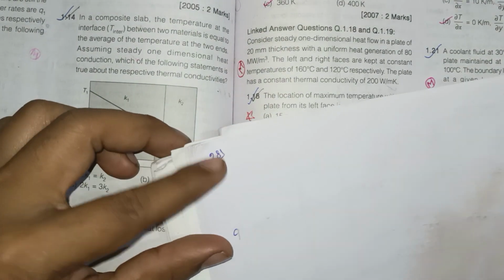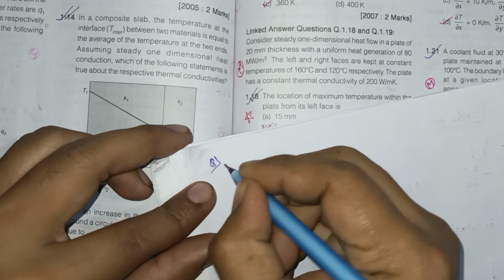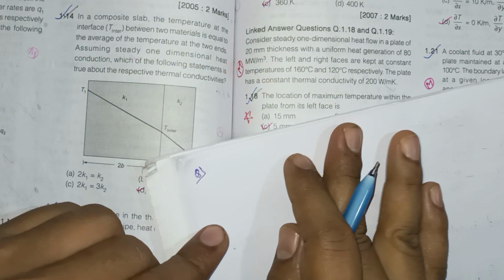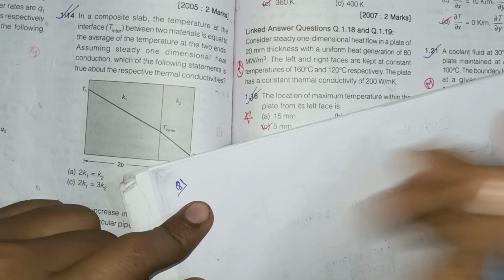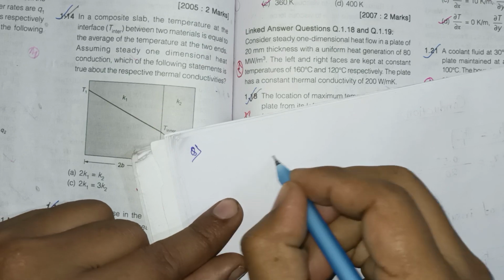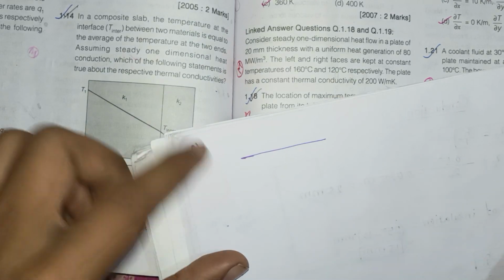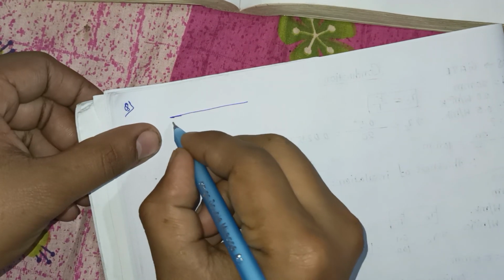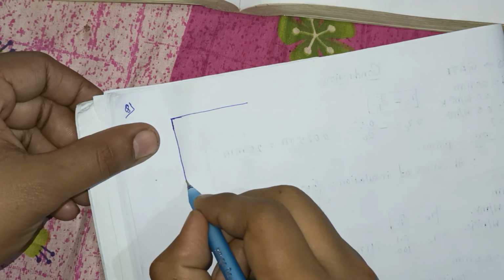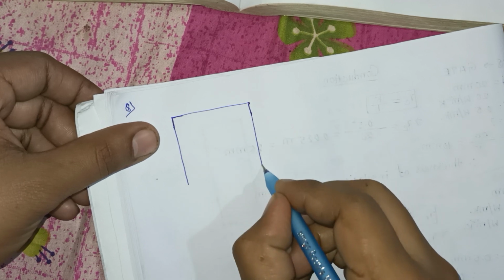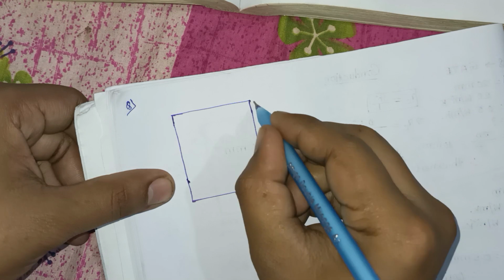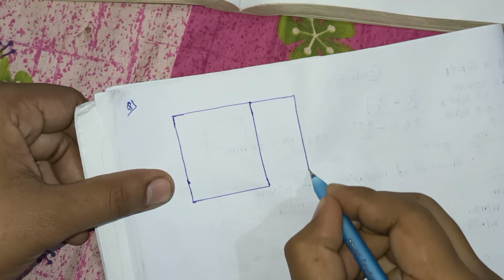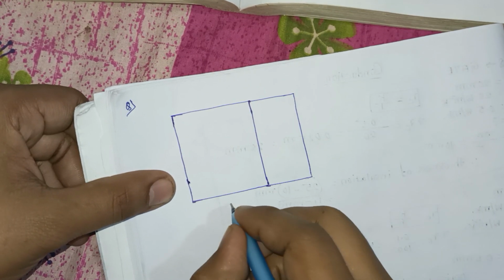So question number 14, what is given in this question? There are two slabs.